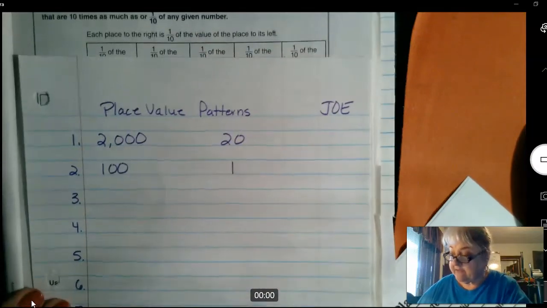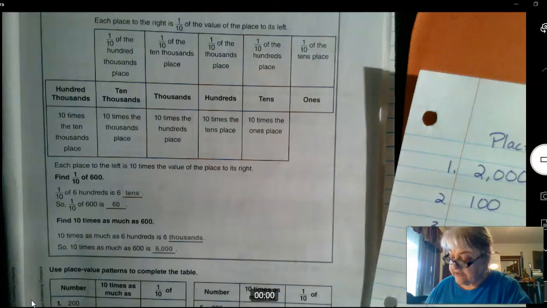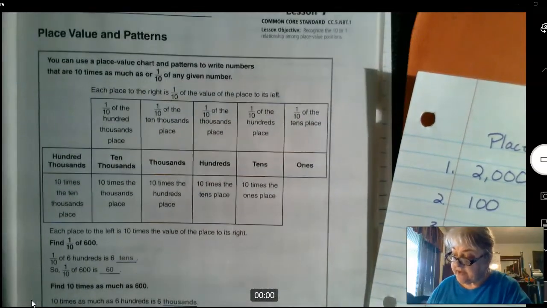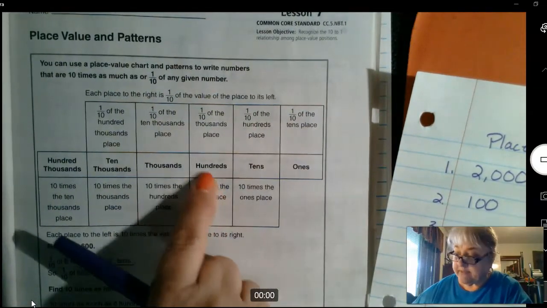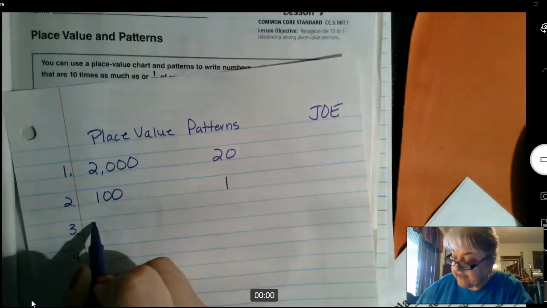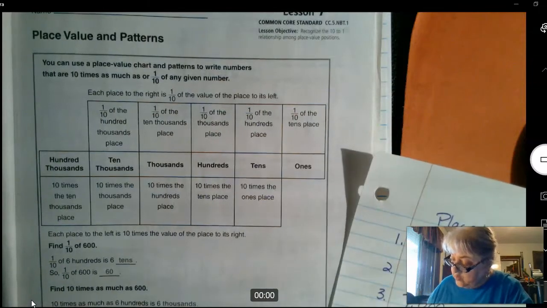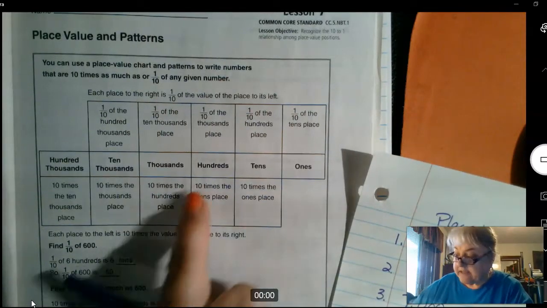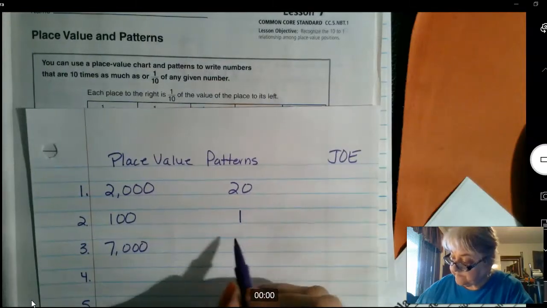I hope you're getting the hang of this. For number 3, 700. What would be 10 times as much? 700's here. If I'm going 10 times more, that means I'm going here. So that would be, yes, I heard you say it, 7,000. What would 1/10 of 700 be? We're going back, so that would be 70.